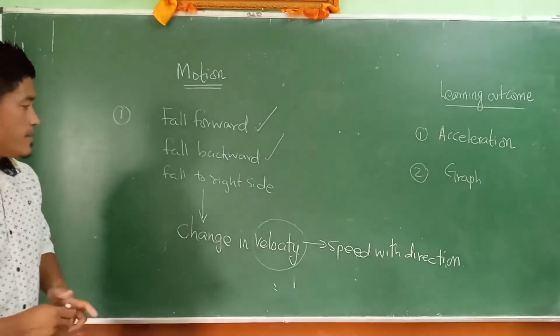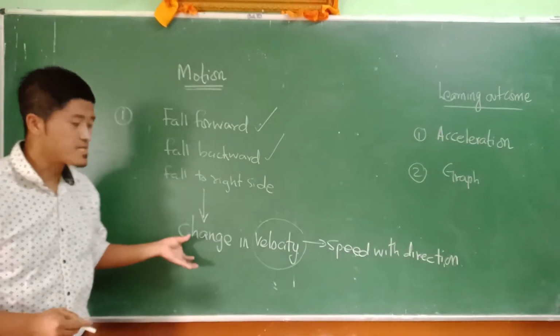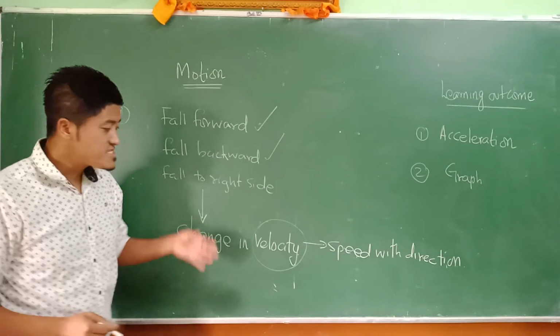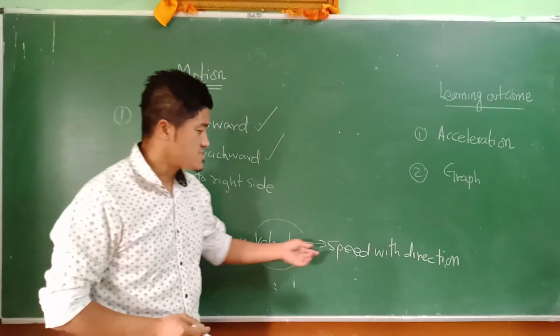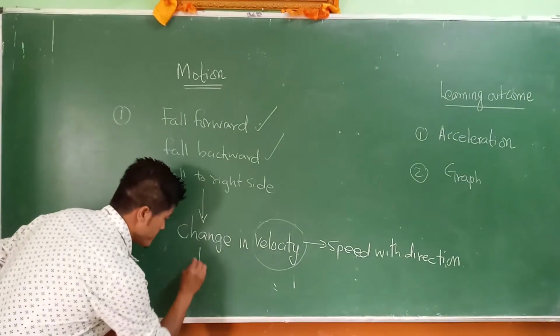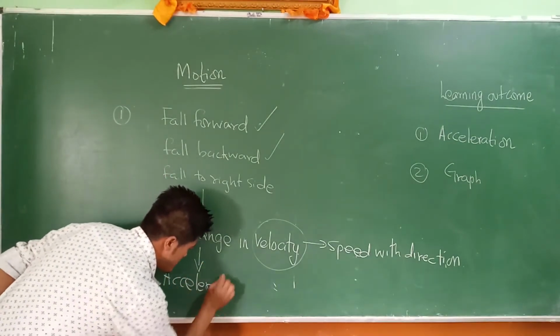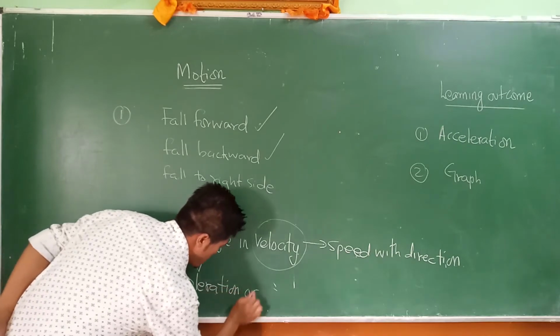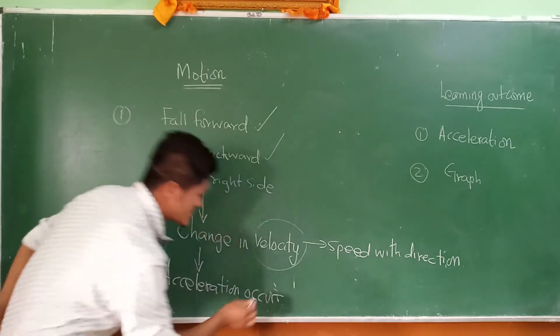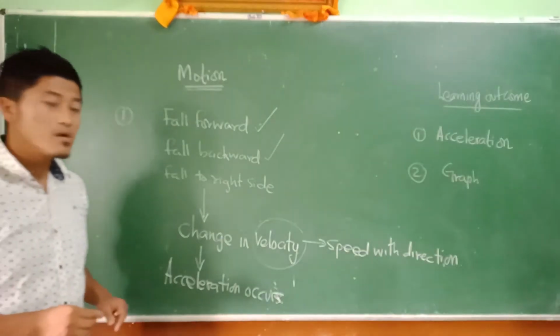So in this kind of situation, this happens because there is a change in velocity, and velocity is speed with direction. So whenever there is a change in velocity, we say acceleration occurs. Right? Acceleration occurs.